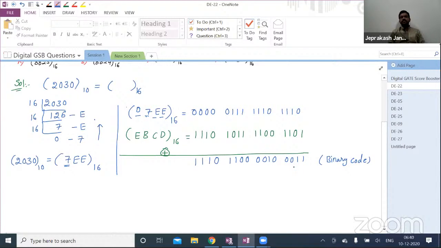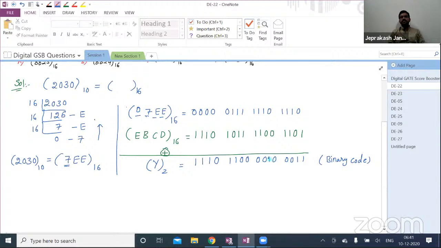Now in the question, what he is asking is the corresponding gray code. This one he has represented as y base 2. In order to convert binary to gray code, what is the first step? Yes, very good, Supriya.